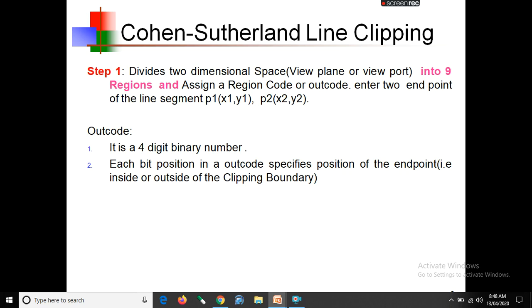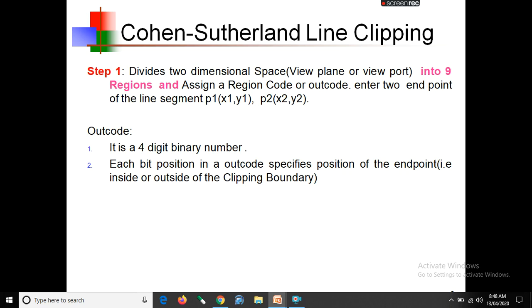Each bit position in this 4-digit binary number tells whether that endpoint lies inside the clipping window or outside of it. So with the help of this out code, I can decide whether an endpoint of the line segment lies inside or outside the clipping window.